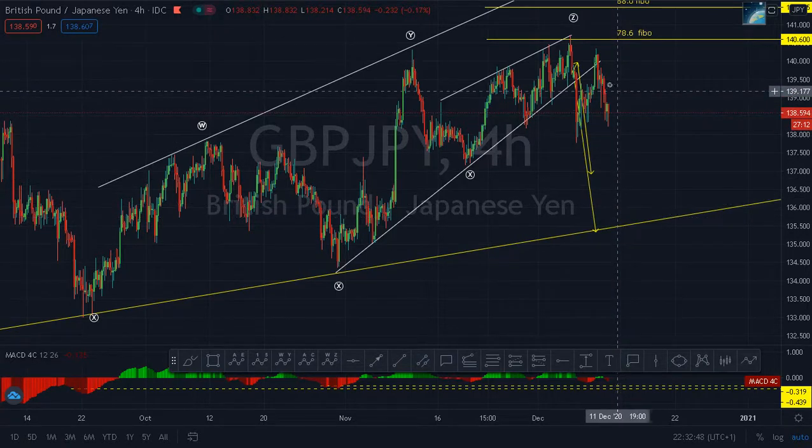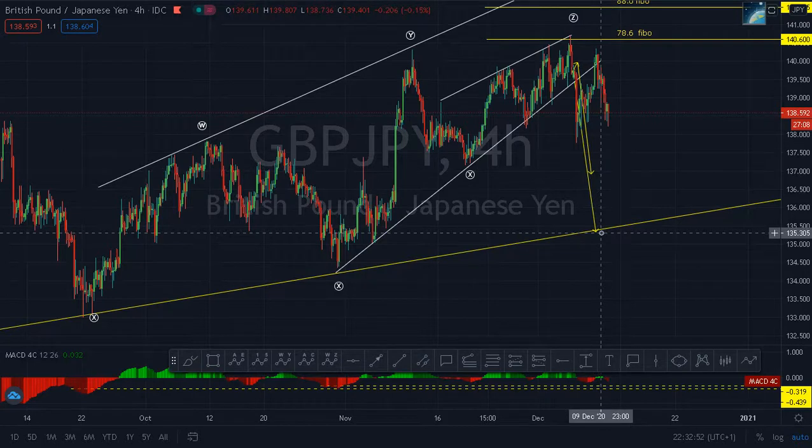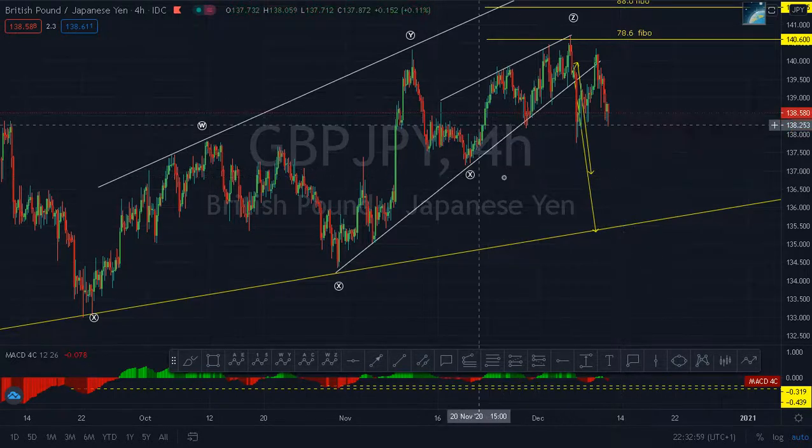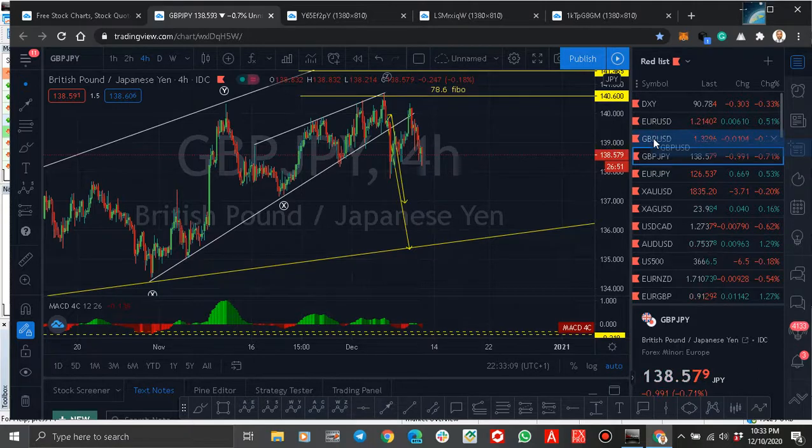Even if it comes here, these levels are where I predicted, I will not even buy because they don't have direction until we know what they are doing. So let me forget about GBP pairs for now. Even GBPUSD, you see the same confusion.